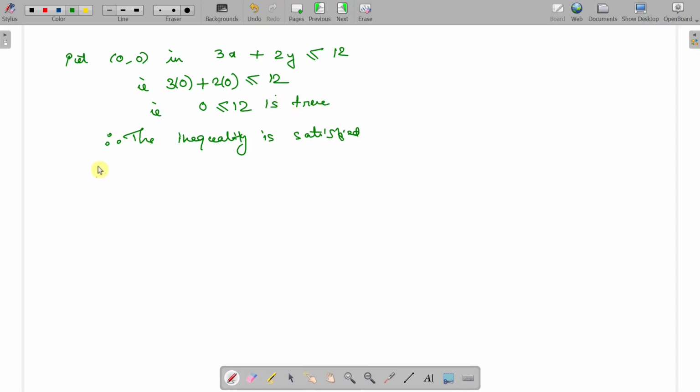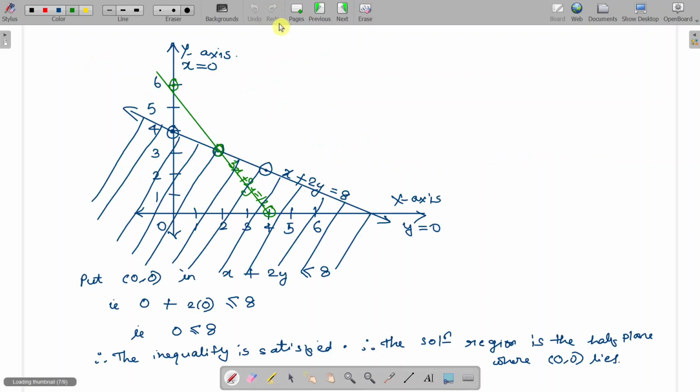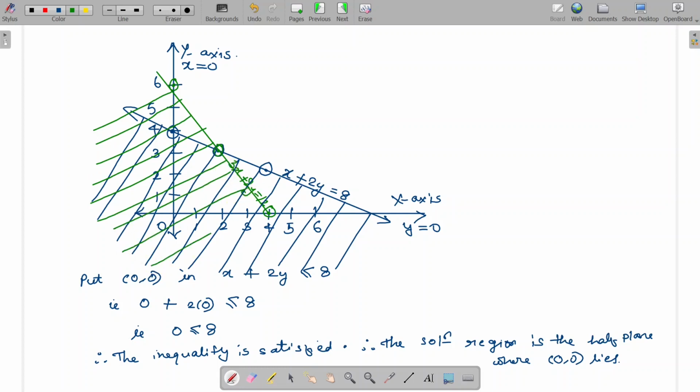So therefore the solution region is the half plane where 0, 0 lies. So that means the solution region for the second line is this here.